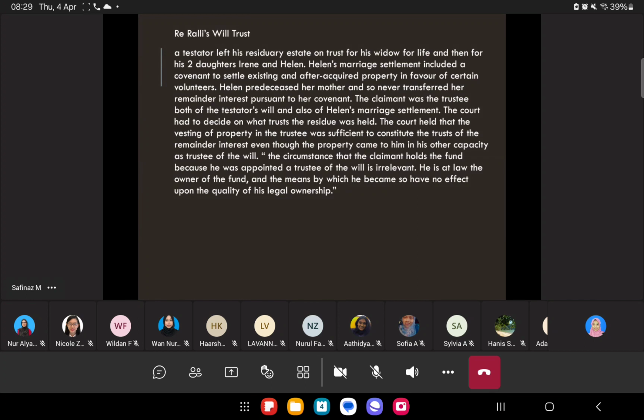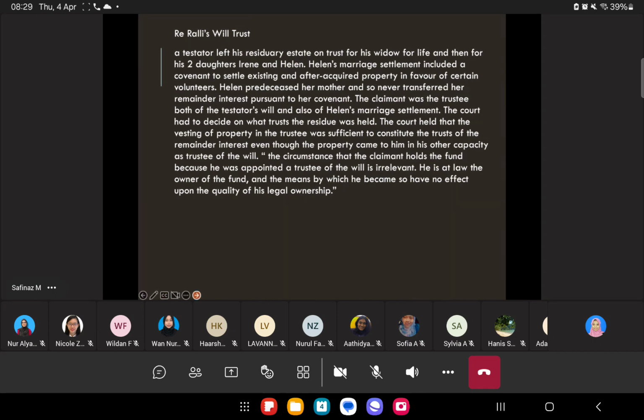Okay, he is at law the owner of the fund and the means by which he became so have no effect upon the quality of his legal ownership. So maknanya walaupun you dapat from the first trust, tapi there is already vesting of property. Okay, so mahkamah kat sini kata tak kisah. Okay, because as long as the property has vested in you, you dapat dari which trust is not relevant.